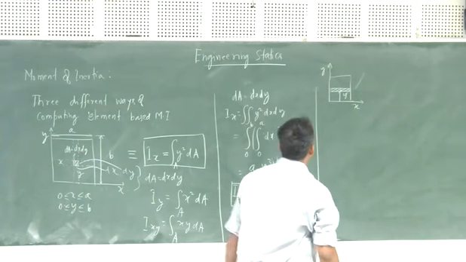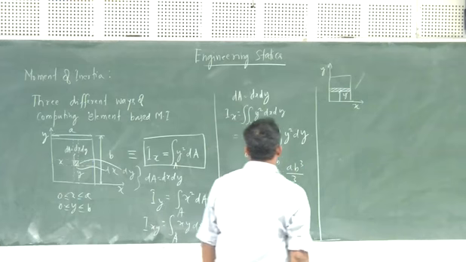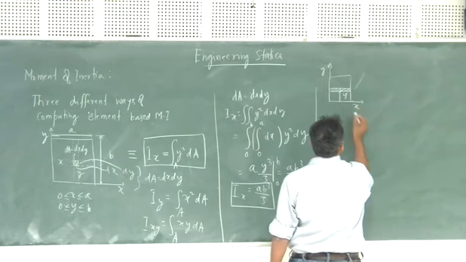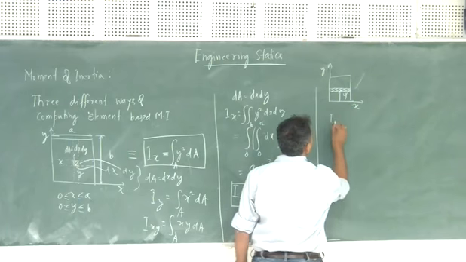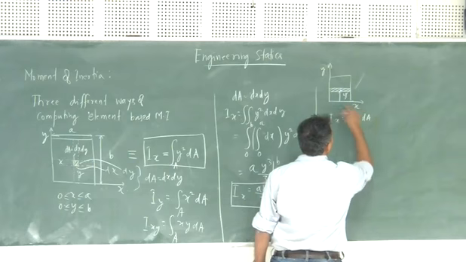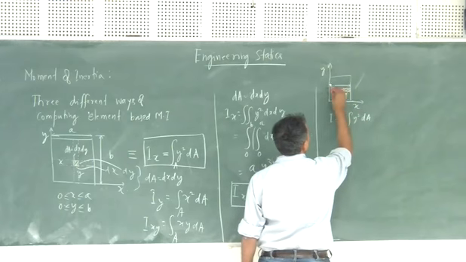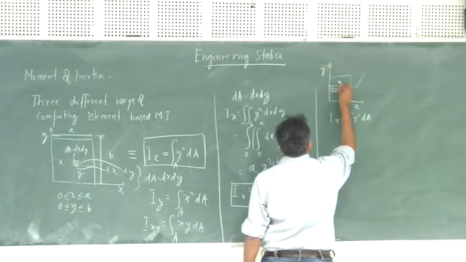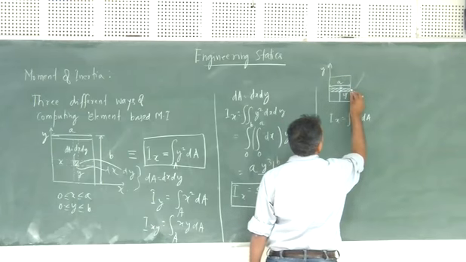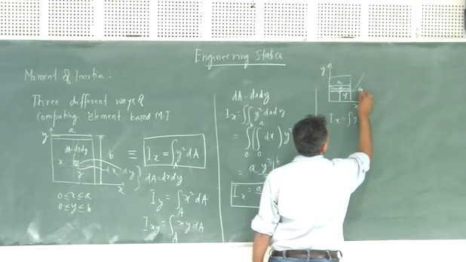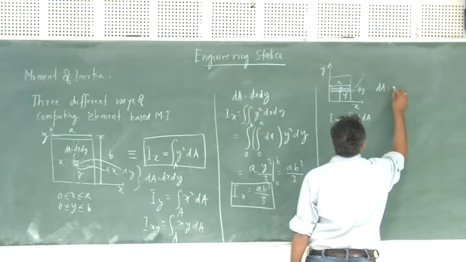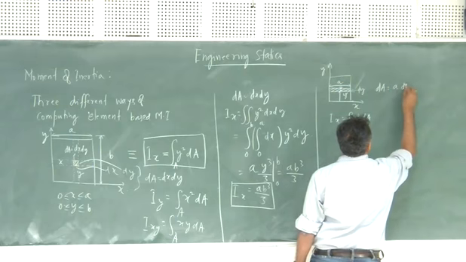In this case you can find your Ix as again the integral of y squared dA, but in this case dA will be a times dy.